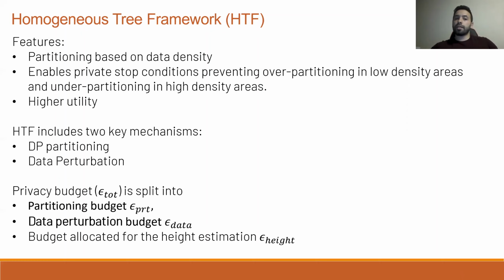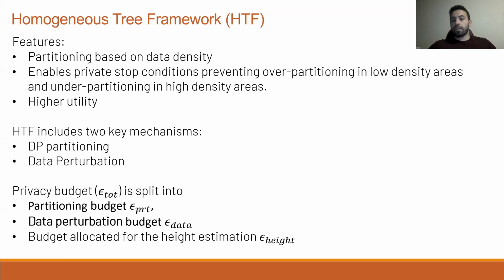HDF includes two interrelated mechanisms. The first part is the differentially private partitioning, and the second is the sanitization part, which is referred to here as data perturbation. As I said, the partitioning part of the approach should also be differentially private to preserve the privacy of users on the map.